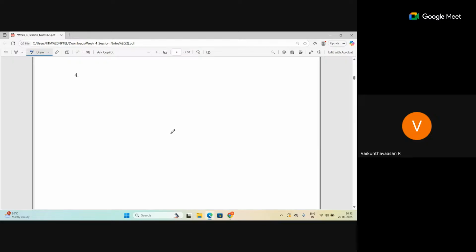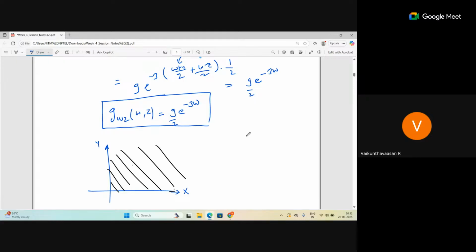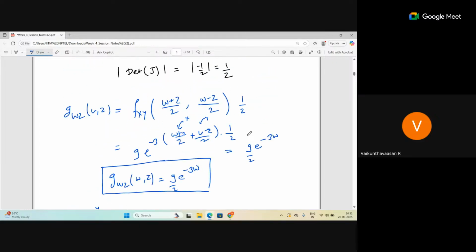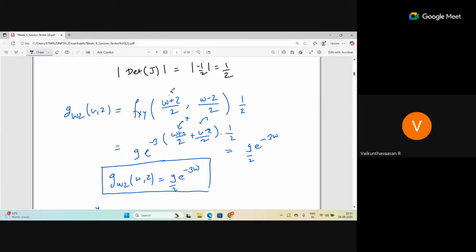Sir, can you scroll up to the end of the problem? So we find x and y and then we substitute in the function. Yes, this is x, right? This part is y. This part was w plus z, and this was w minus z. I know the joint density of x and y was this one, e to the power minus (3x plus y).